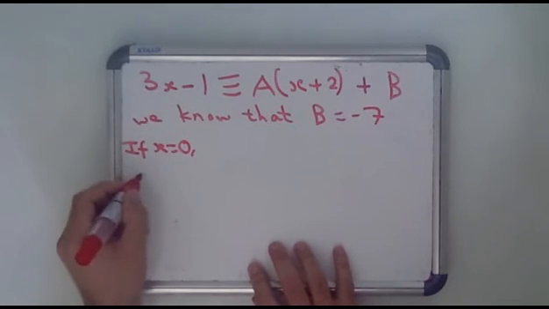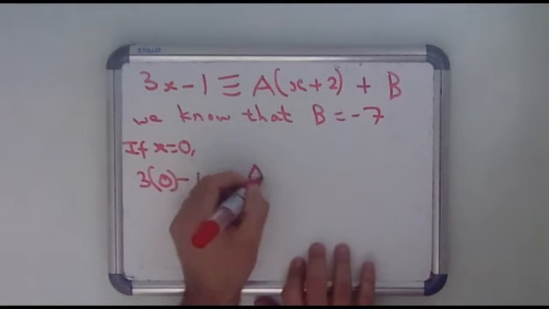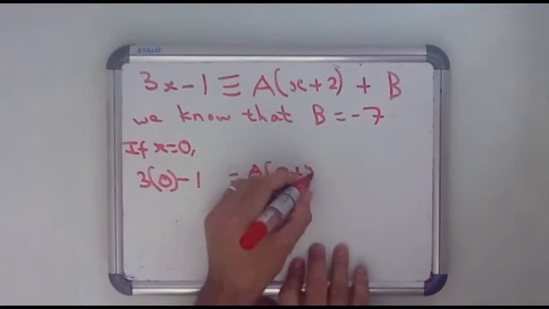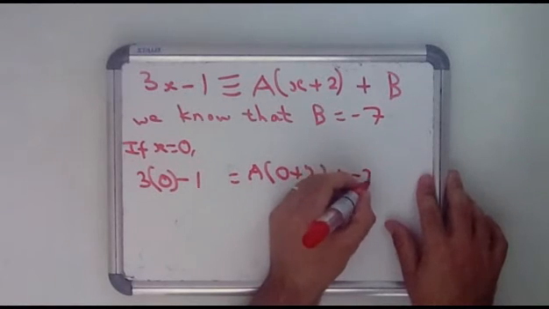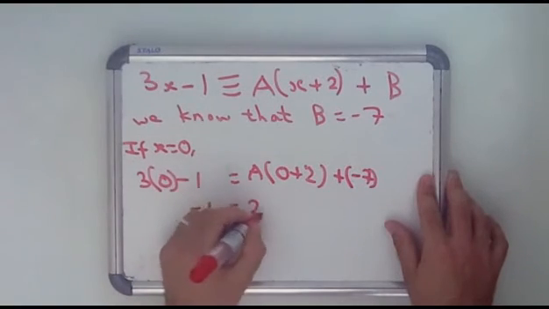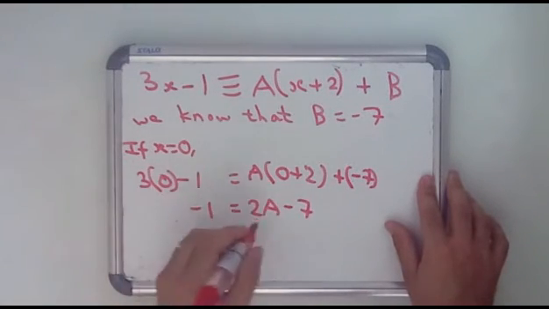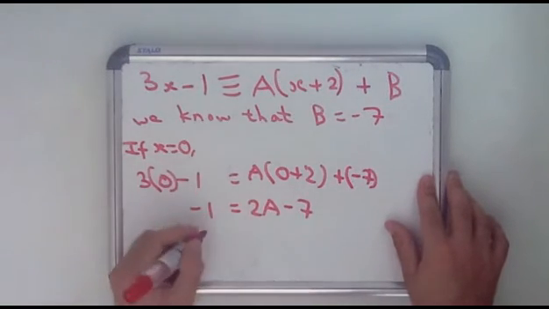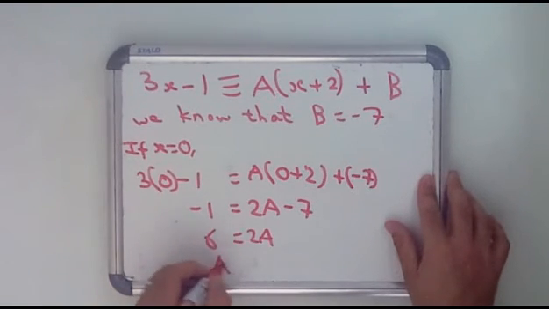So 3 times 0 minus 1 equals A(0 + 2) + B, which is -7, so plus -7. So this is -1 = 2A - 7. 2A equals -1 + 7, which is 6. So that means that A = 3.